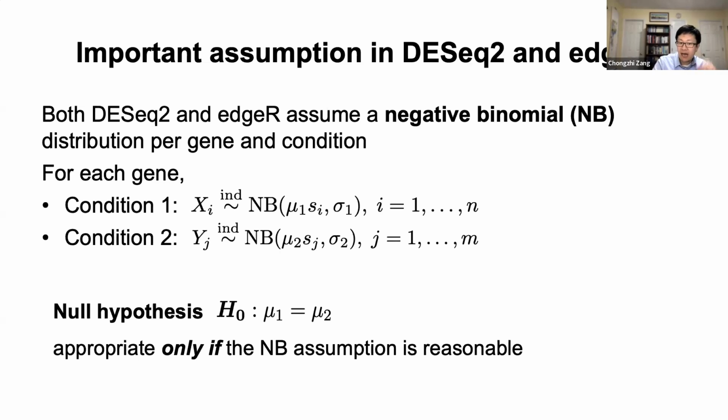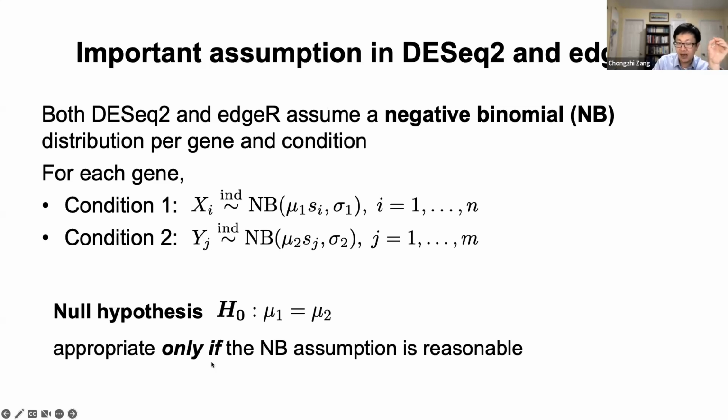And then the null hypothesis is that the gene in the two conditions is not differentially expressed, meaning that the mean value in the negative binomial distribution, which measures the expected expression level in condition 1 and condition 2, is the same. There is no difference, right?